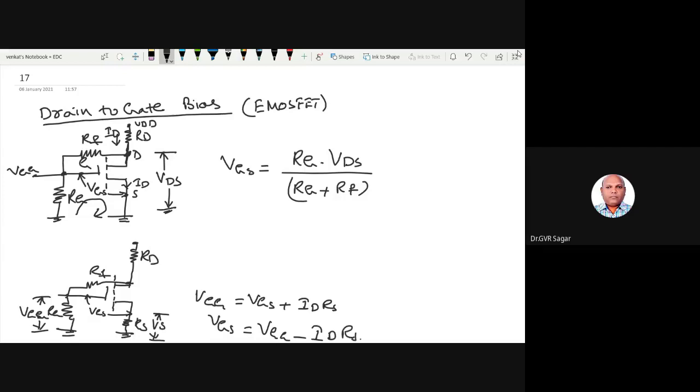Just like the previous condition we gave in the previous step, without source resistance you can write like this, with source resistance you can write like this. So this is about the drain to gate bias.